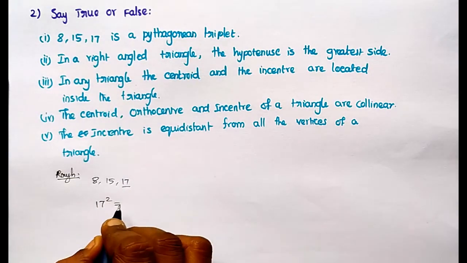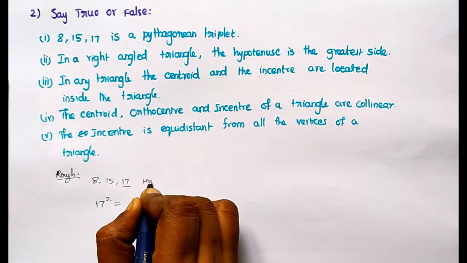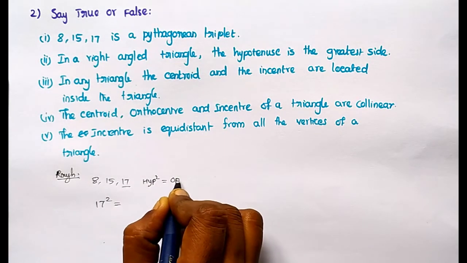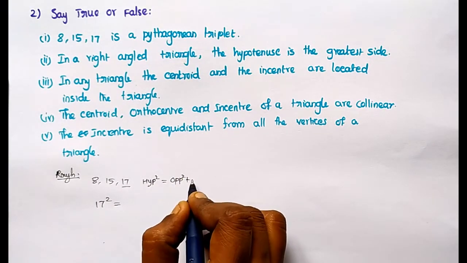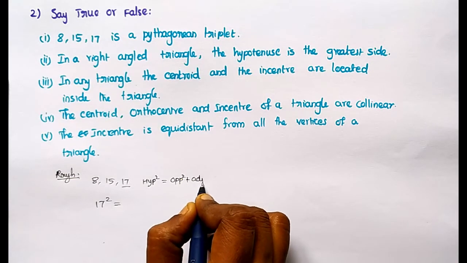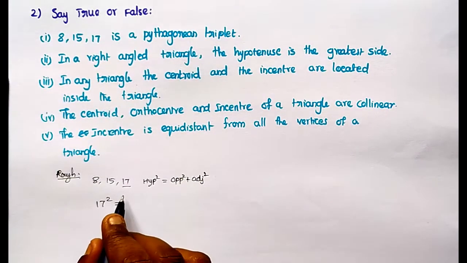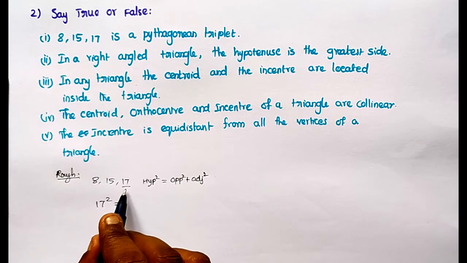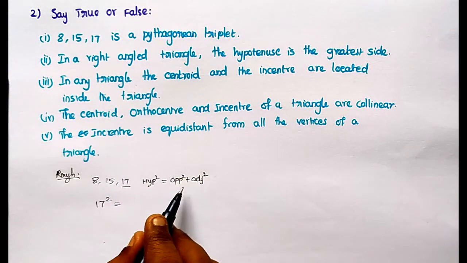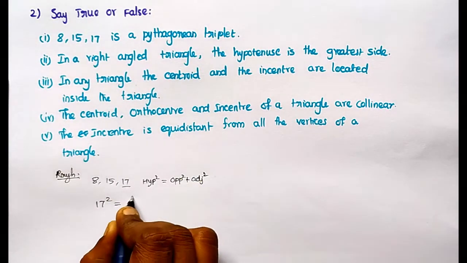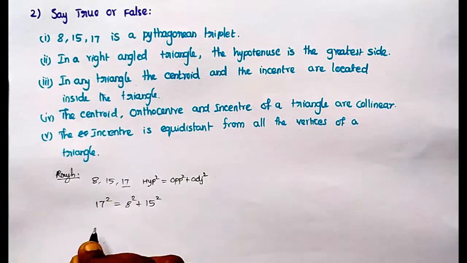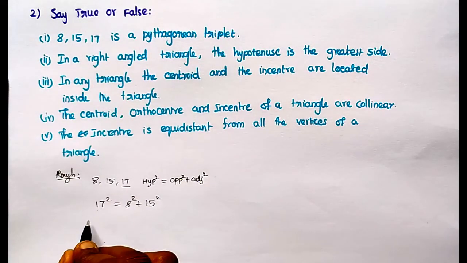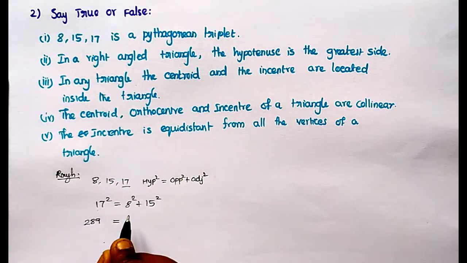So 17 squared equal to, write the formula, hypotenuse squared equal to opposite squared plus adjacent squared. So here hypotenuse is 17 and opposite and adjacent is 8 squared plus 15 squared. 17 squared, 17 into 17, that is 289. 8 squared, that is 8 into 8, 64.